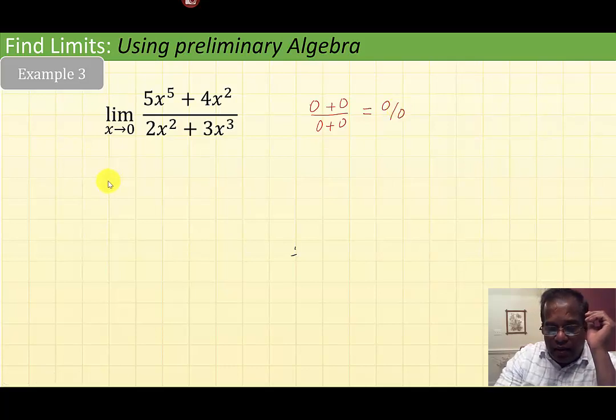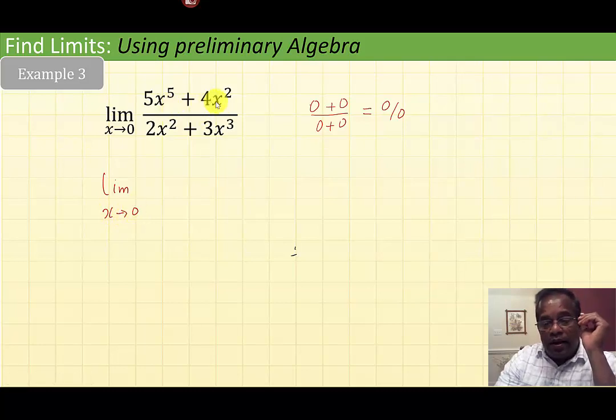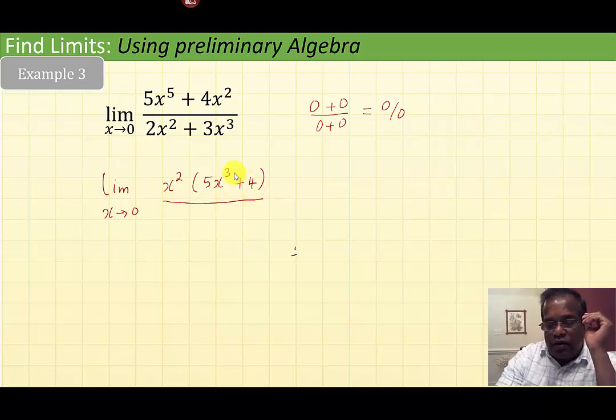If you look carefully, in the numerator x squared is common to both terms, so you can factor out x squared. So we get 5x to the 3rd plus 4, and in the denominator x squared is also common, and then we get 2 plus 3x.